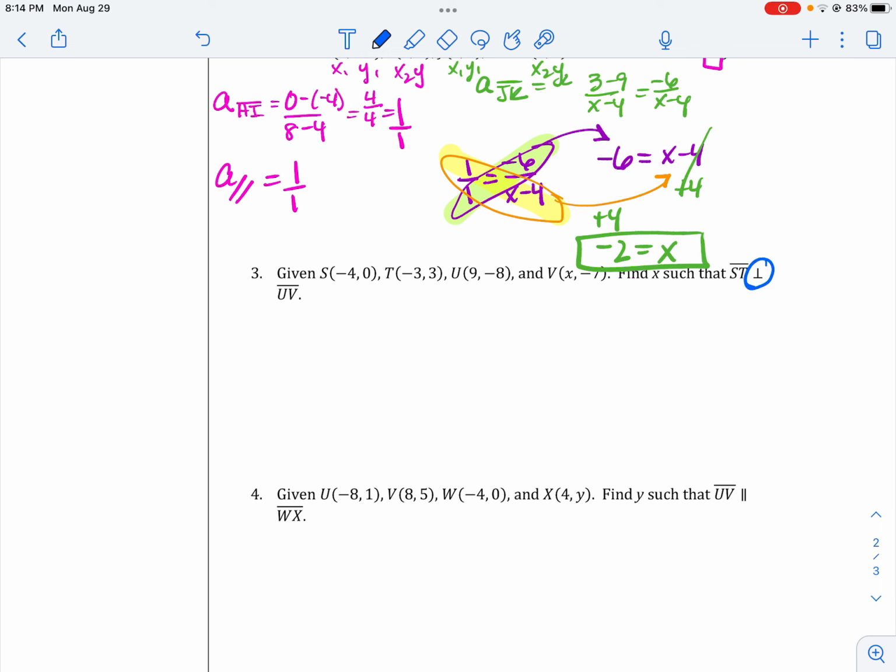We're looking for perpendicular slope. So I need to find the slope of ST, and then I need to find the slope of UV. I need to find perpendicular slope, and then I'm going to set the two slopes equal to each other and solve.